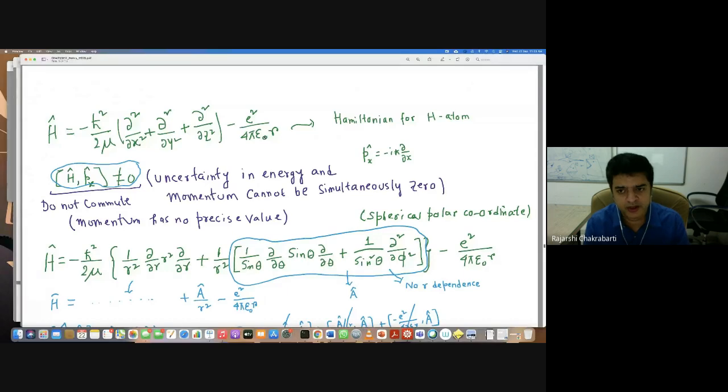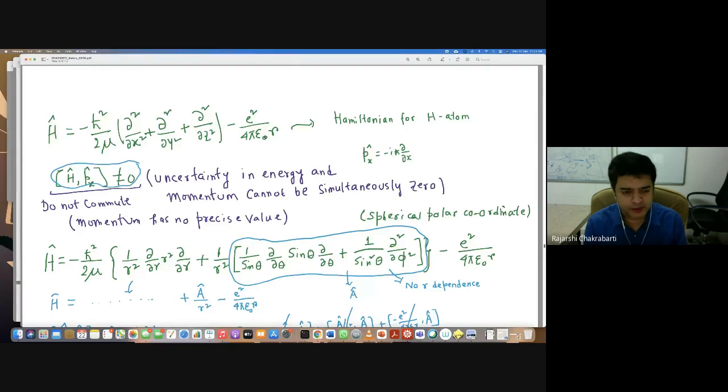You cannot simultaneously measure them without uncertainty. In other words, momentum has no precise value. Is this clear? This happens when you have two operators, A and B, that don't commute. This is not the problem, it is the consequence of two operators not commuting.